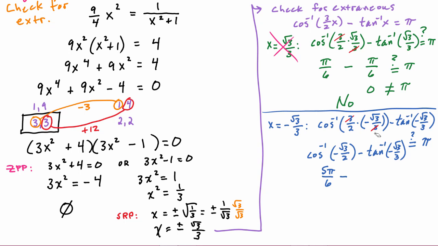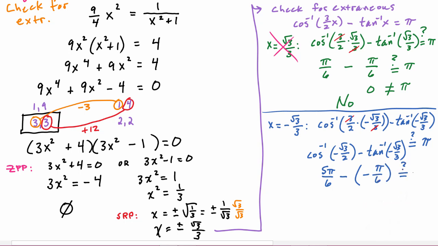So now you have to think of an angle such that the tangent of theta is equal to negative root 3 over 3, and theta must live between negative pi over 2 and positive pi over 2. The only angle for which that is true is negative pi over 6.